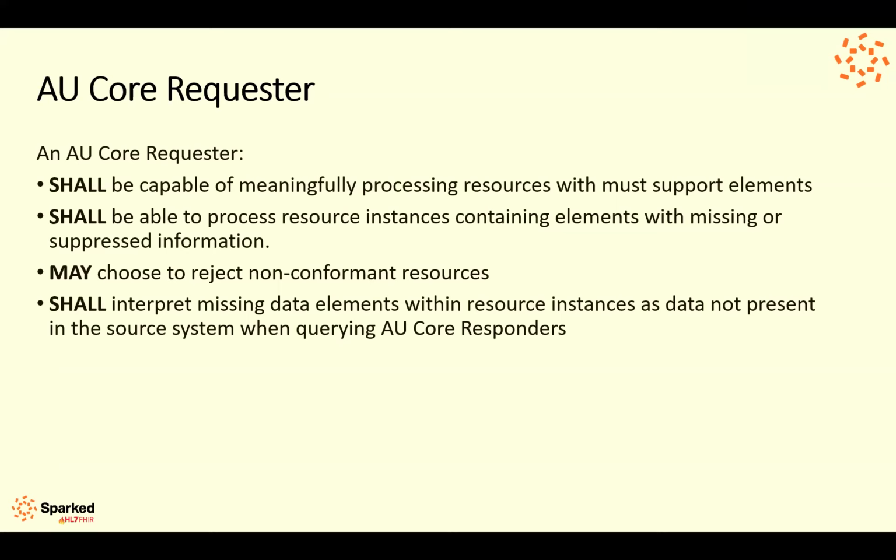So on this one, if I request a resource and it's got must support on 5 elements, I must be able to meaningfully process those 5 elements. No. Let's move on. I think we'll address your questions going forward. But it's this kind of ambiguity in this section in particular. There's probably some ambiguity in the responder as well, but in this section, I think it's very loose. And that's what we're trying to tighten up.